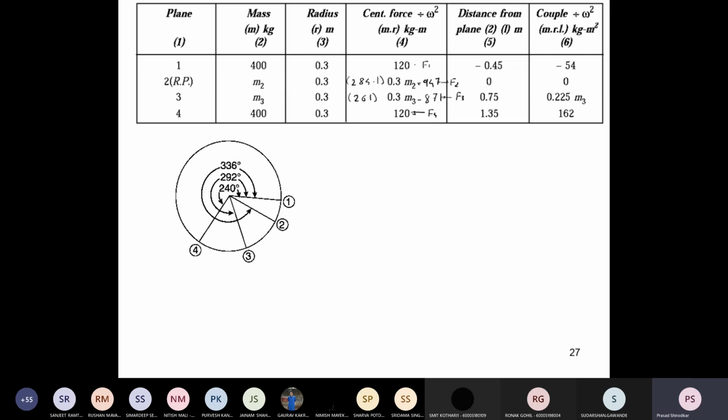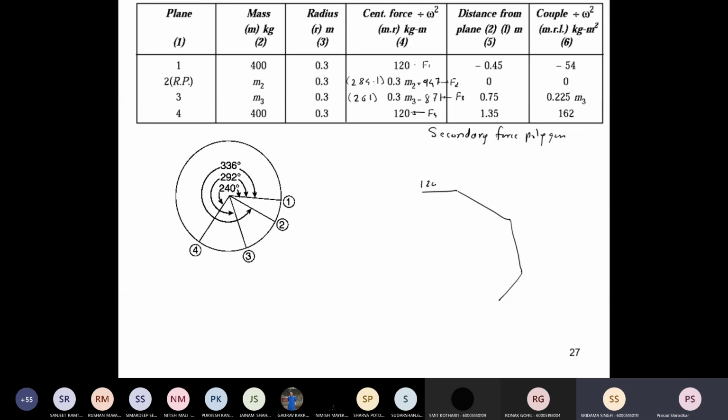All right. So now construct the secondary force polygon. So this will be F1 120, F2 0.3 M2, F3 0.3 M3, and F4 is again 120.